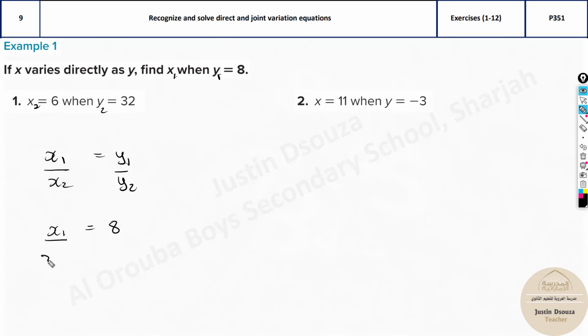So they are a group. x2 is 6, y2 is 32. Now all you need to do is solve for x1. That will be 8 by 32 times 6. Here 8 one time, 8 four times, then 2 three times, and 2 two times. So it's 3 by 2 or 1.5. The answer for x will be 1.5.